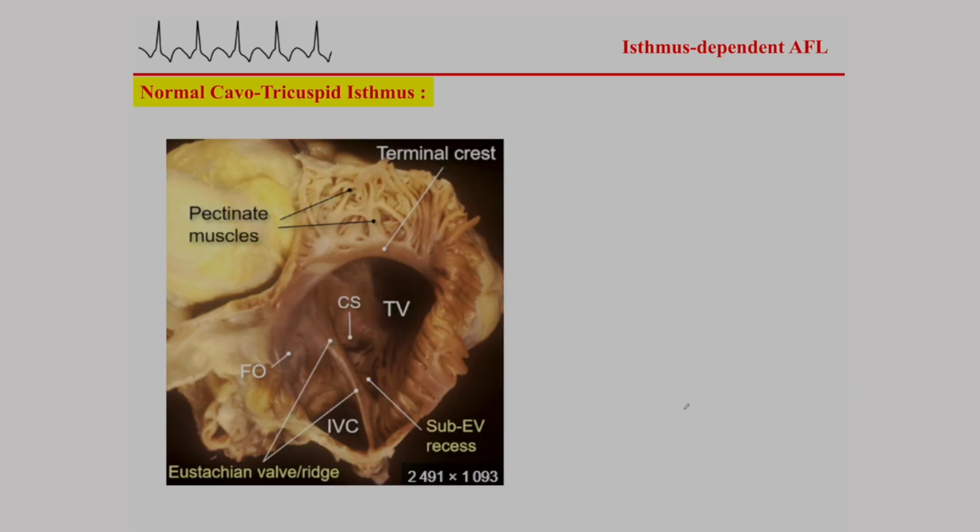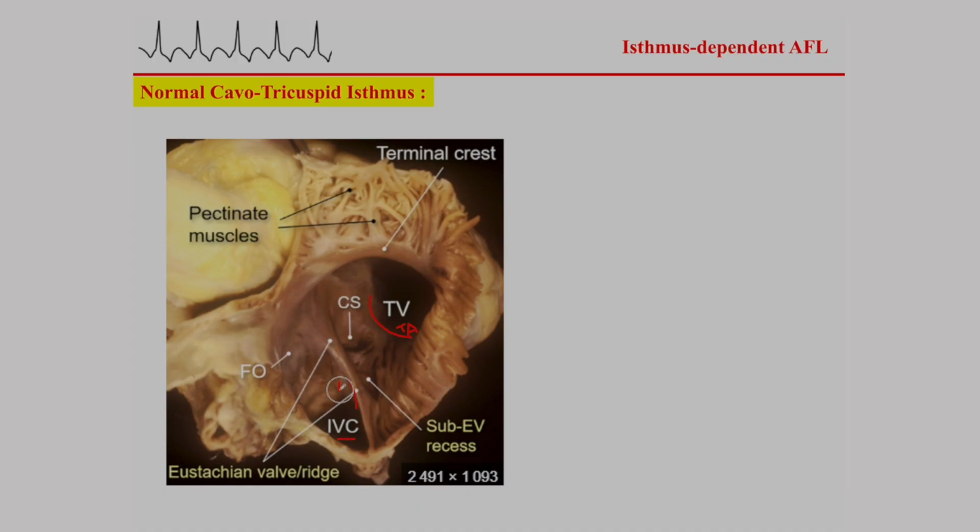If you want to make an accurate diagnosis of macro-reentrant circuits and to achieve a successful ablation, understanding of the normal CTI anatomy is mandatory. As you see, CTI is bounded anteriorly by the tricuspid annulus and posteriorly by the IVC and the eustachian ridge, and we have the crista terminalis here also.